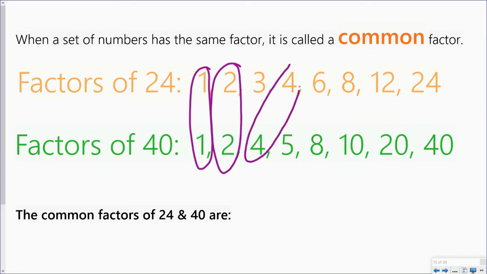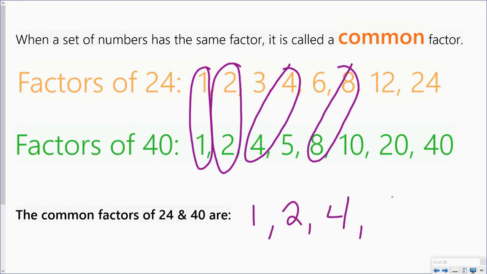And again, same as 4, same as 8. But all of the rest are different between the two of them, so they don't have those in common. So the common factors for 24 and 40 are 1, 2, 4, and 8.